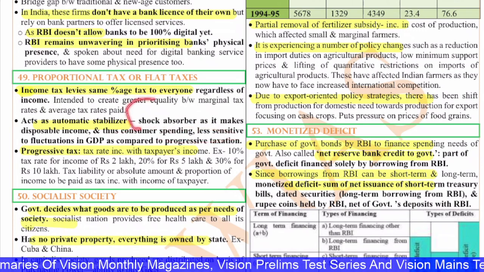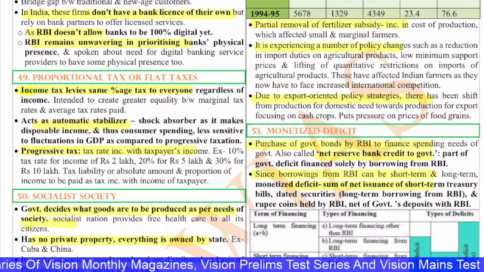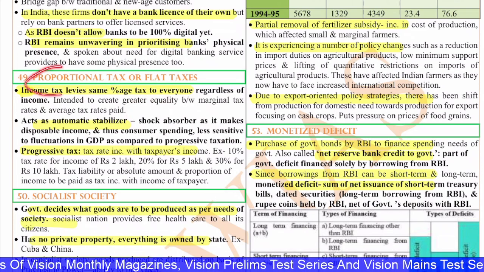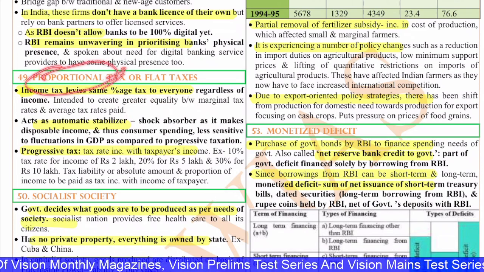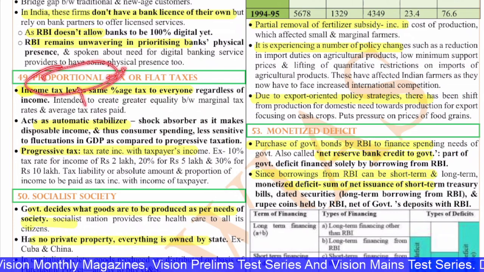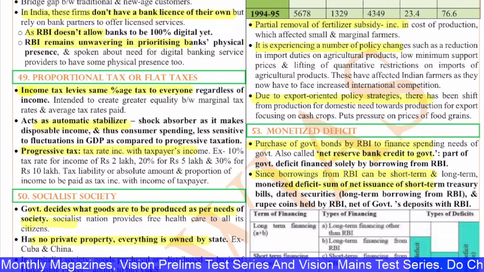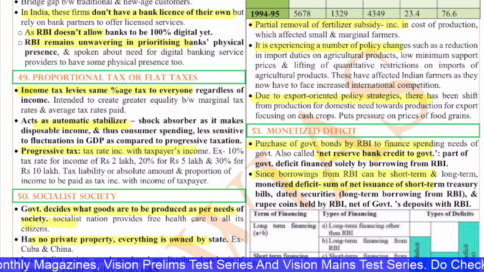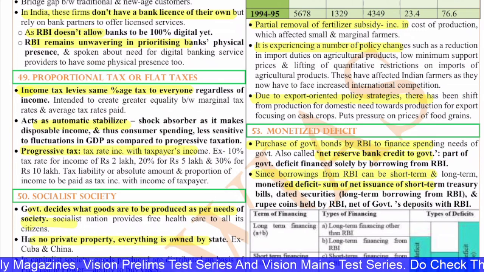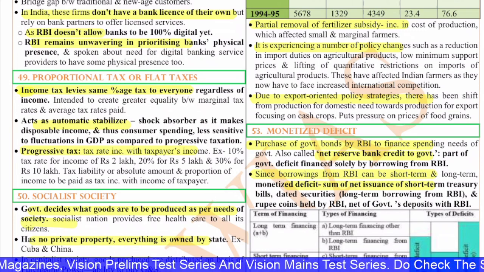Progressive taxation means taxation increases with respect to income. So this proportional taxation is an automatic stabilizer. If there are any shocks in the system, they can be absorbed by this flat tax rate easily. And even consumer spending can be moderated and everything is less sensitive to fluctuations.